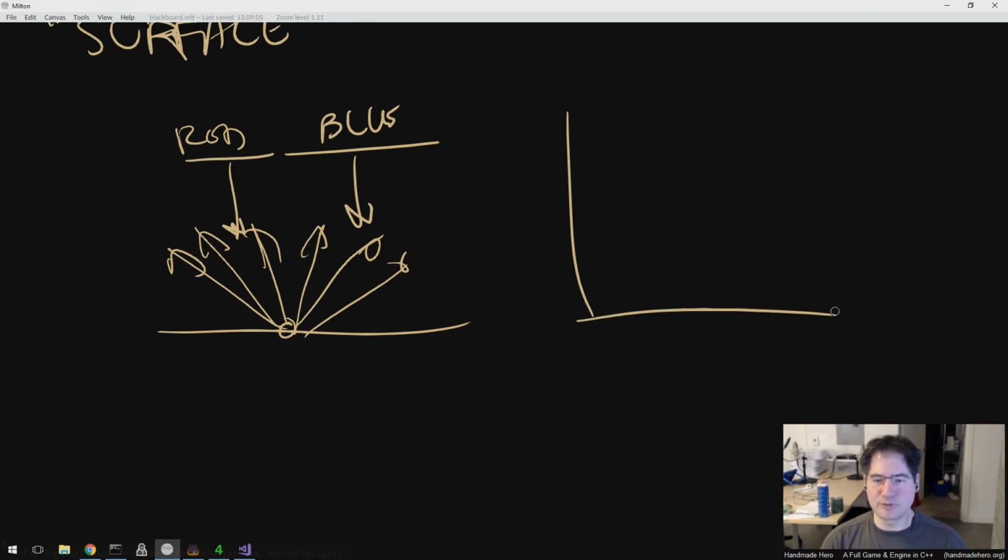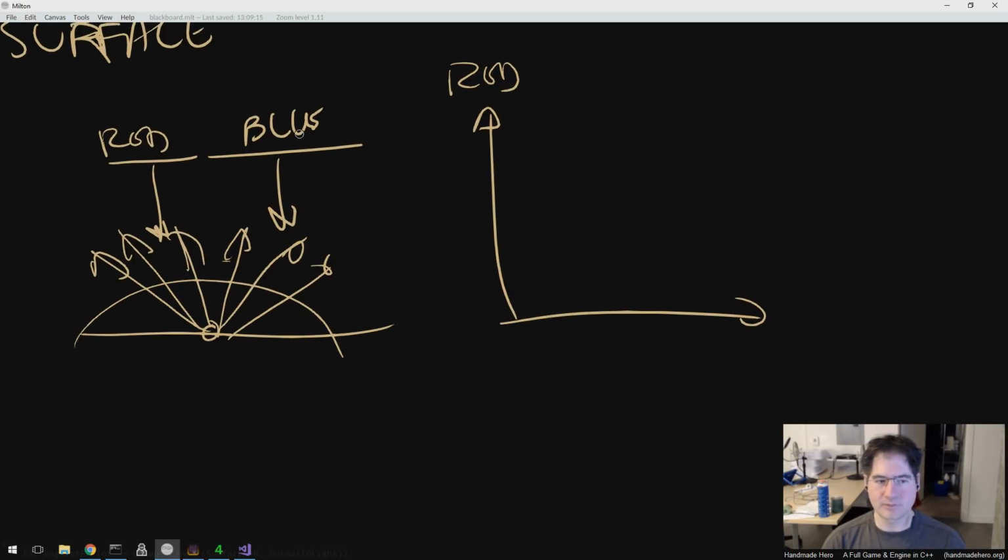If I look at the blue light that comes in over this solid angle, so I'm sweeping over this angle, I'm shooting out. Here's the red light that comes in. This surface goes on for quite some time. So as the cosine of the angle increases here, I'm just getting more and more red light.